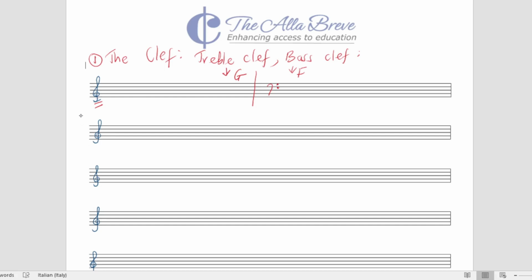Number two, you need to consider the time signature. Is it simple time signature just like 4/4? Is it 3/4? Is it 2/2?